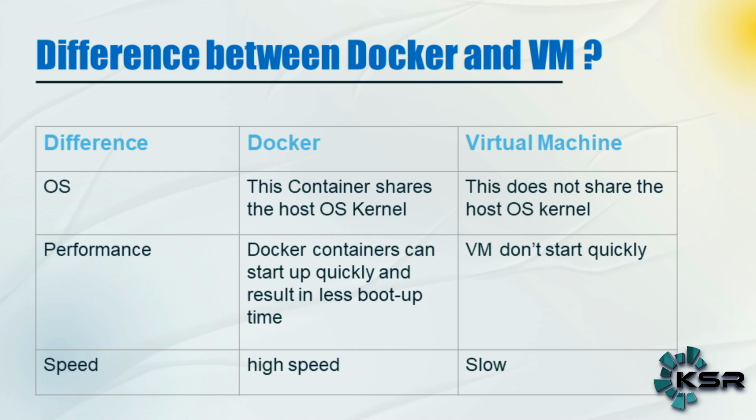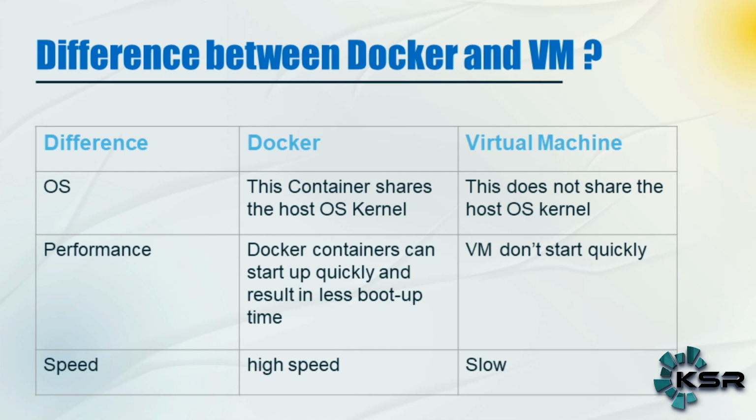Docker starts up very quickly with less boot-up time because the OS is always up, whereas in virtual machines we have to make use of a hypervisor to set up the OS levels and bring the applications up, right?